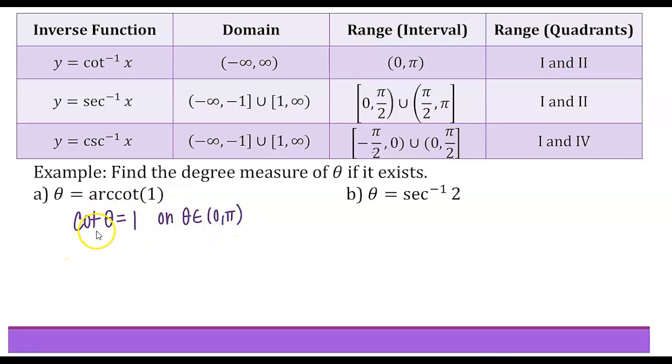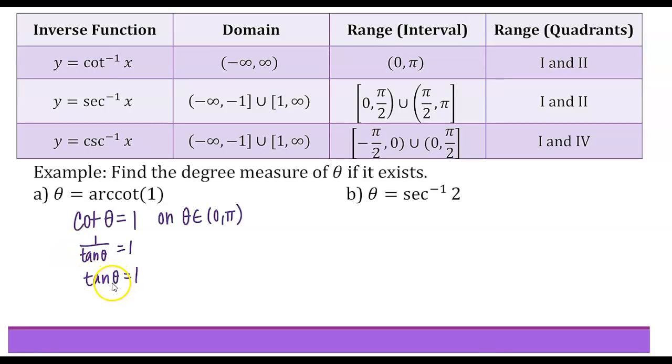Now we can think about solving this type of statement like we did in previous sections. Where does cotangent theta equal 1, where theta is from 0 to pi, so in quadrants 1 and 2? Instead of dealing with cotangent, let's rewrite this as 1 over tangent theta is equal to 1. Well, that's just tangent theta is equal to 1.